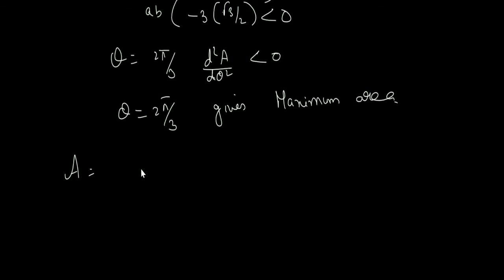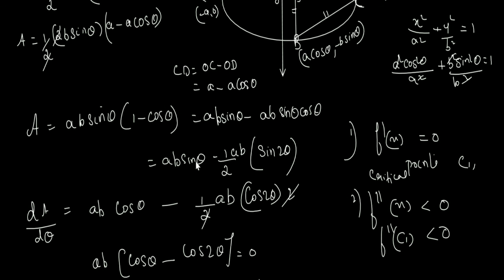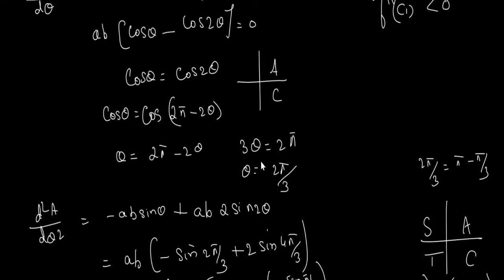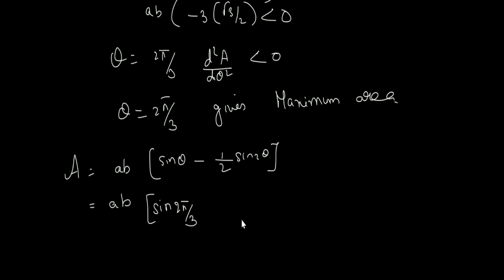Now the area, we have written the area as AB sin theta minus half AB sin 2 theta. So area is AB times (sin theta minus half sin 2 theta). That is equal to AB times (sin 2 pi by 3 minus half sin 4 pi by 3).